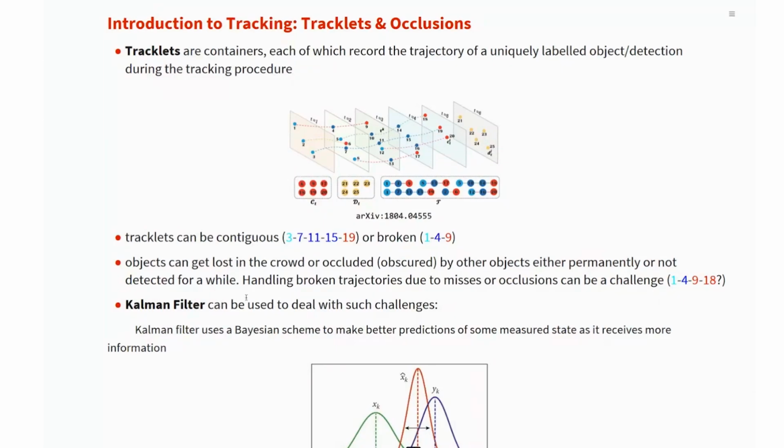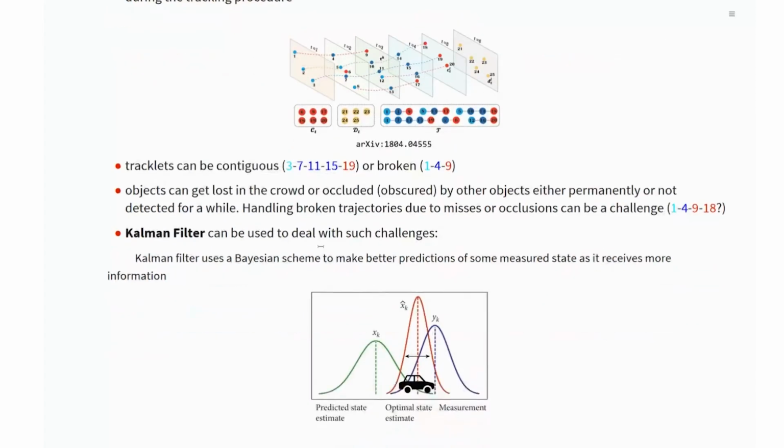One way we can handle occlusions and deal with these subtle challenges is by using something known as a Kalman filter. People who have a bit of background in physics, electrical engineering or any form of engineering use Kalman filters a lot. A Kalman filter is nothing but a Bayesian scheme that enables us to make better predictions by integrating measurements from the surroundings, from different sensors. Imagine this is the prediction you're making of a car's location.